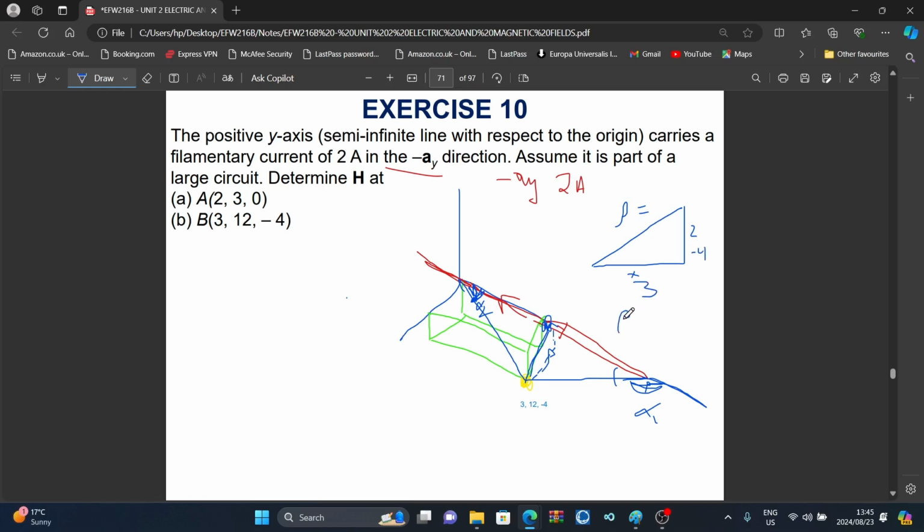I believe you know the distance formula. So the magnitude for phi will be the square root of 3 squared plus minus 4 squared, which is 9 plus 16. That should give you 5. That is our phi.